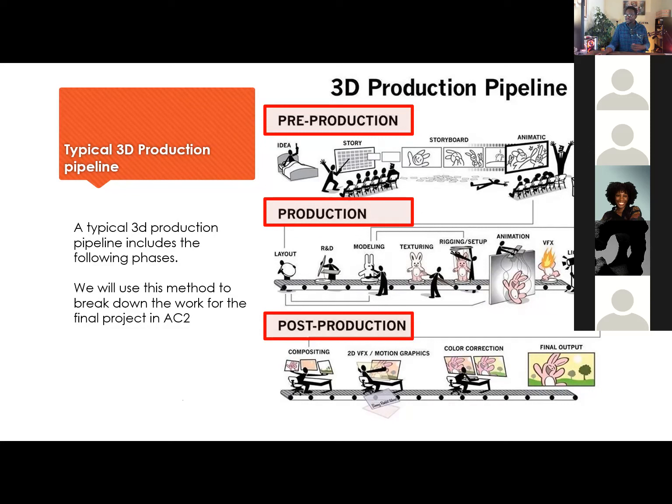Okay, so what I want to do is break this down, because remember, when you go into your groups, they are going to be based on your role, and you want to select a role that best resonates with you. So far, we have been exploring the production and post-production roles a little bit.